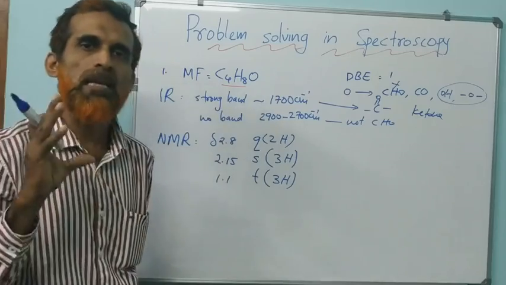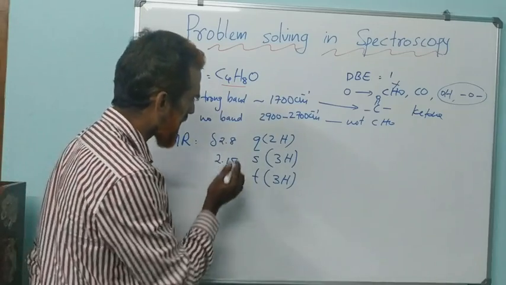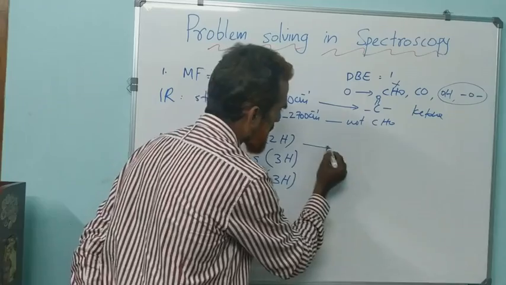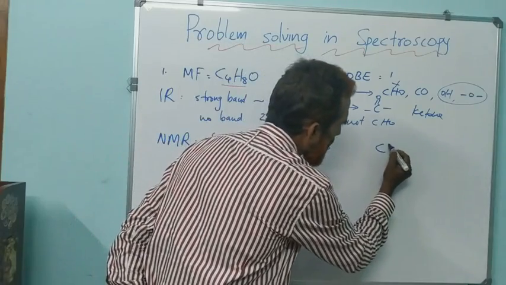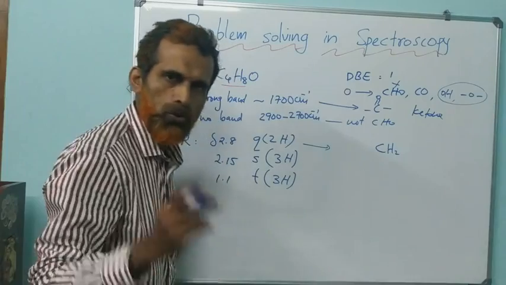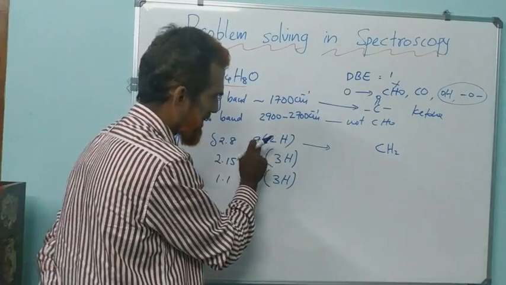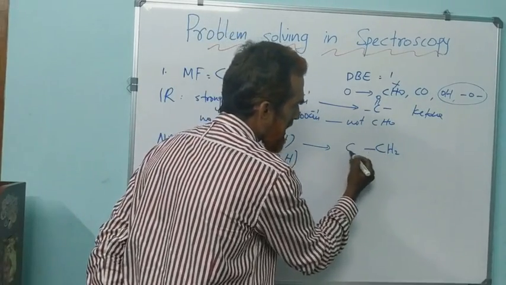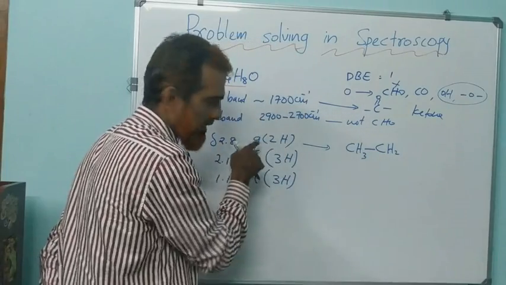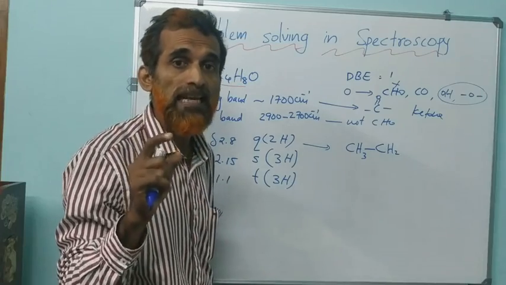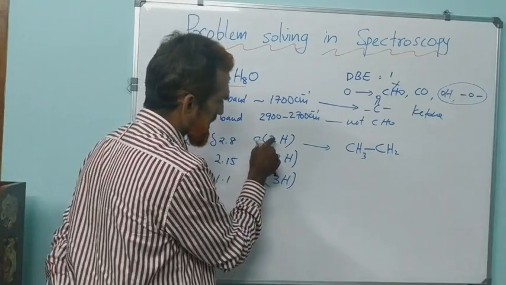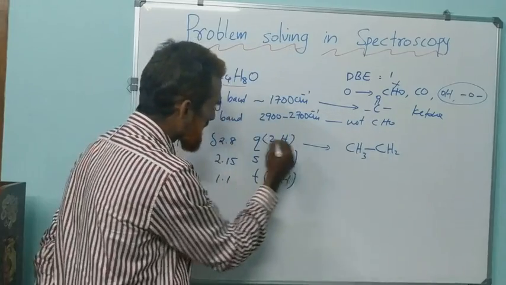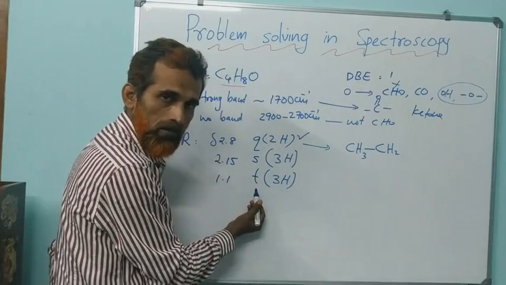Now, NMR data will give you the complete structure. At 2.8 there is a quartet for 2 protons. What does it mean? It is a CH2 group whose signal is a quartet because it has a neighboring CH3. You know that the multiplicity of a signal indicates the neighboring protons.